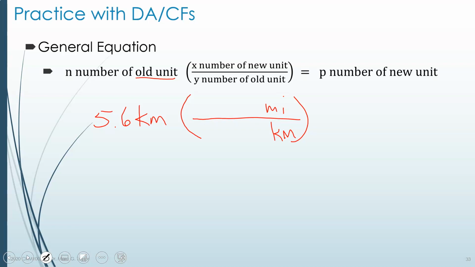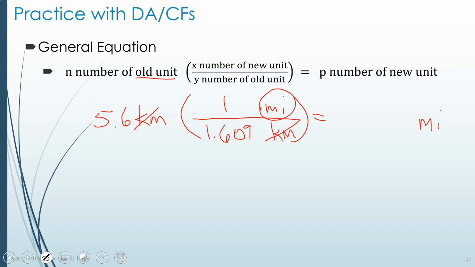And I've told you that 1 mile is equal to 1.609 kilometers, approximately. Well, we can then see that the kilometers will cancel the kilometers, and the only unit we'll have left is the one that we wanted all along, miles. And MI is the appropriate abbreviation for miles, by the way.